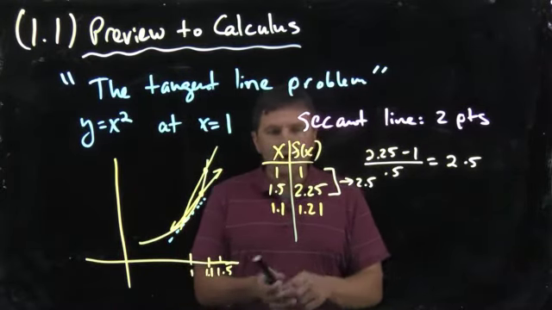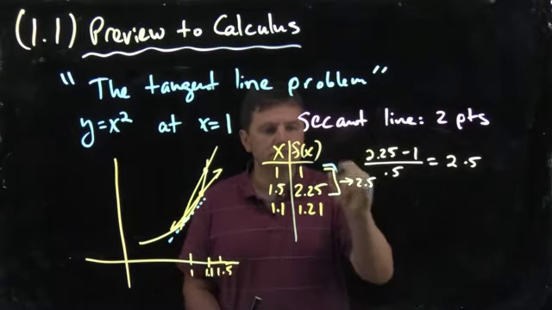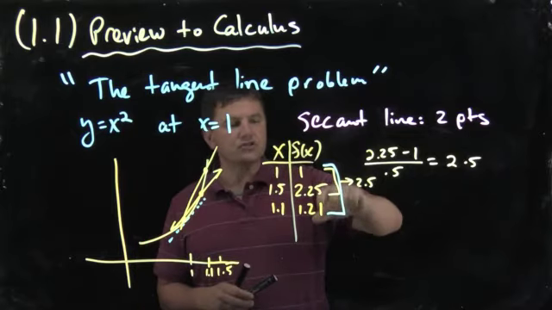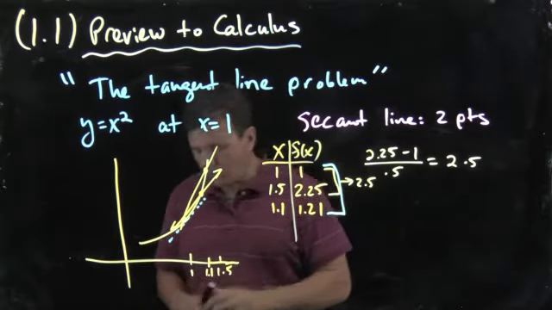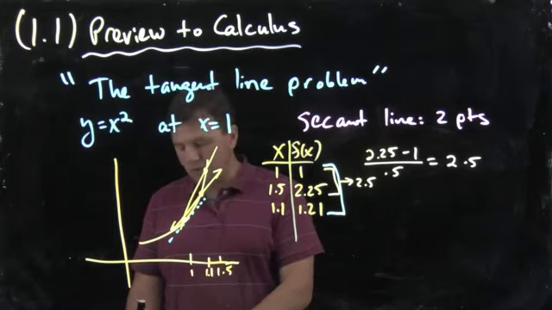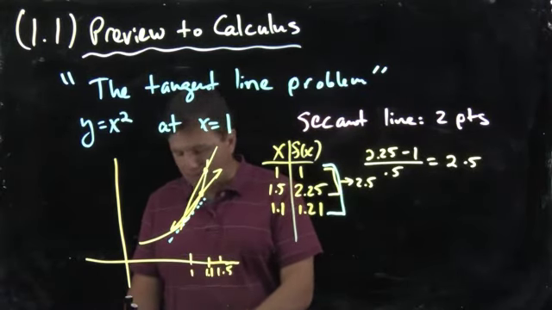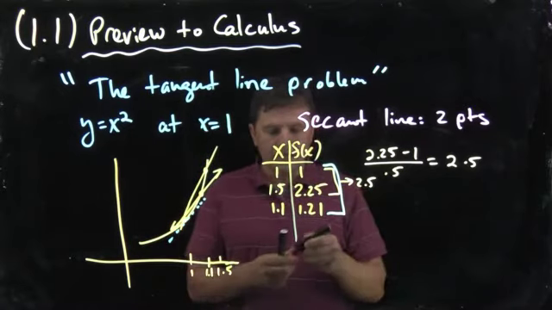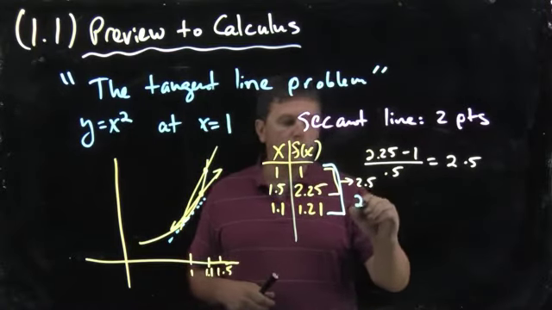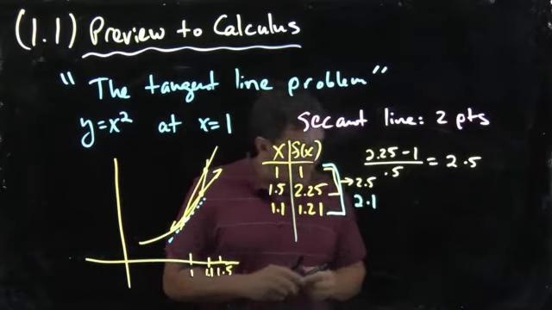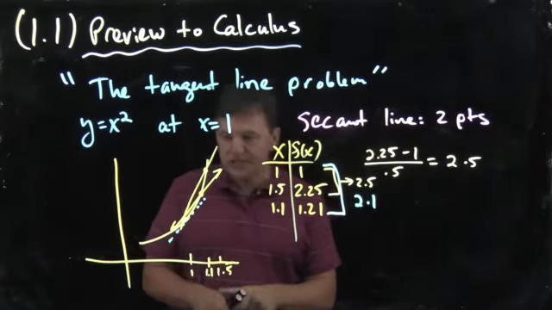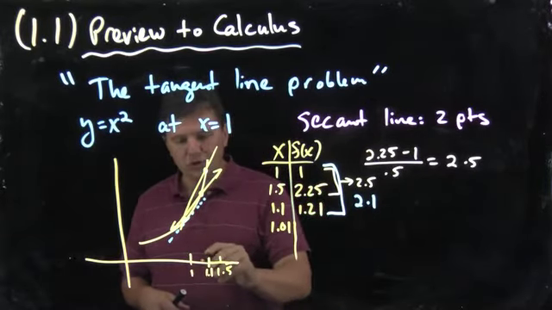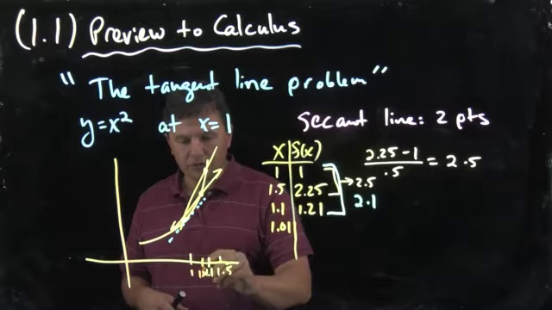Now let's go ahead and do the rate of change from 1 to 1.1. So this will be 1.21 minus 1 divided by 0.1. And now we get an approximation on this one of 2.1. Now let's keep going. Let's go with 1.01, closer still, once again, nothing to scale here.